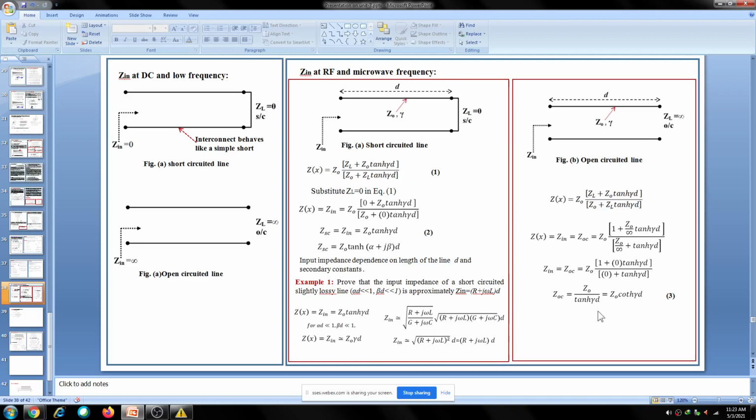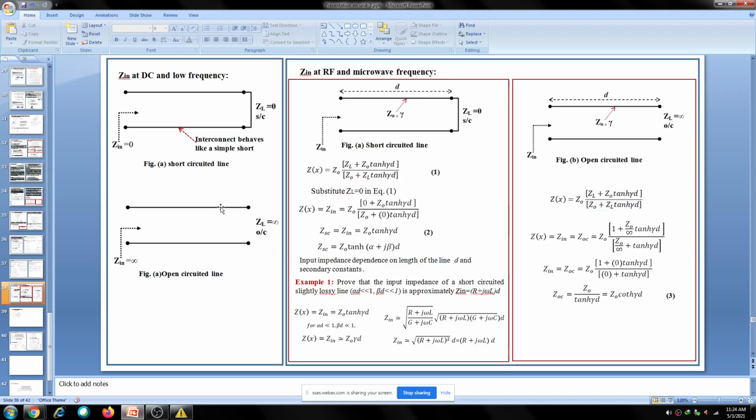So you have to derive this. It may carry 6 marks in the examination: obtain the expression for ZSC and ZOC of open and short circuited lossy transmission lines. You should start from here, obtain this and this, and you should draw this figure. This happens at RF and microwave frequencies. It is not like low frequency, where you simply write 0 if a short is there and infinity if it is an open circuit.